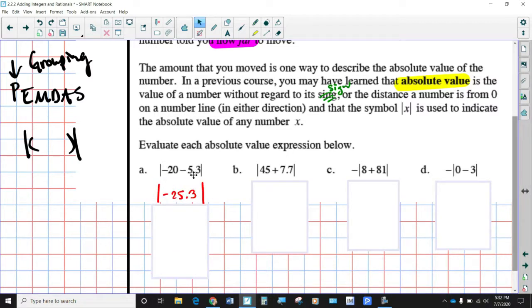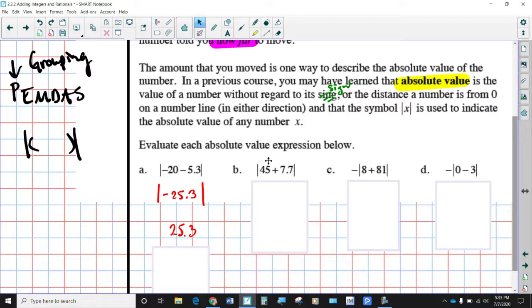But you're not going 5 units, you're going 5.3 units, so you go another 0.3 of a unit, and that puts you at -25.3. Well, how far away is this from zero on the number line? It's 25.3 units. So the answer to this absolute value expression is 25.3, okay? So go ahead and do the same thing for these, and then we'll check your answers. Go ahead and pause.